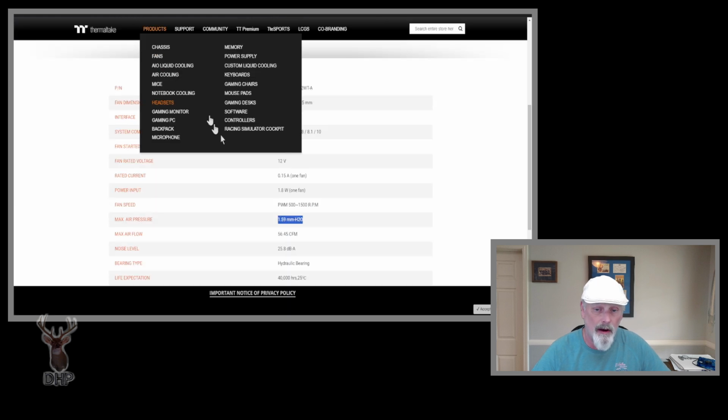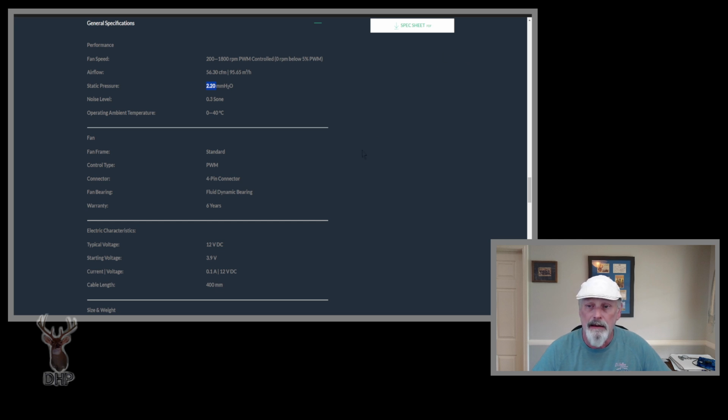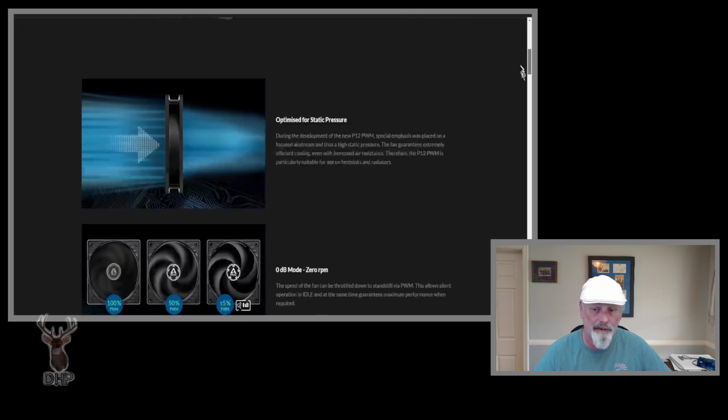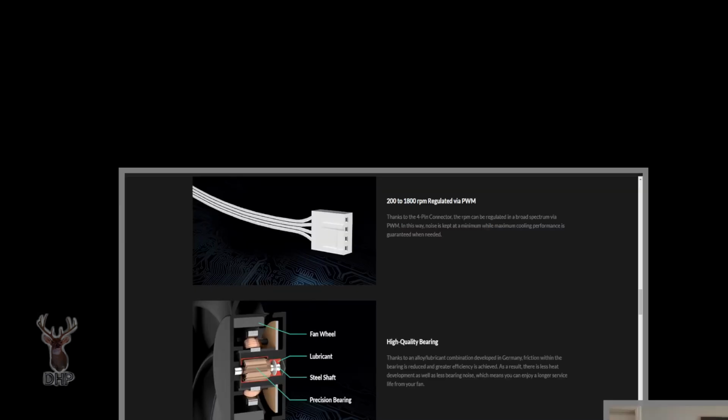The Pure 120s from the red ones that I put in, they minimize out at 500, and this PWM version of the A12 of the Arctic, this $10 fan, will cut off at 200. So even if you can't turn it off, if your motherboard doesn't allow anything below a minimum, you're still going to have the least amount of air if you use this fan, and it's the cheapest.